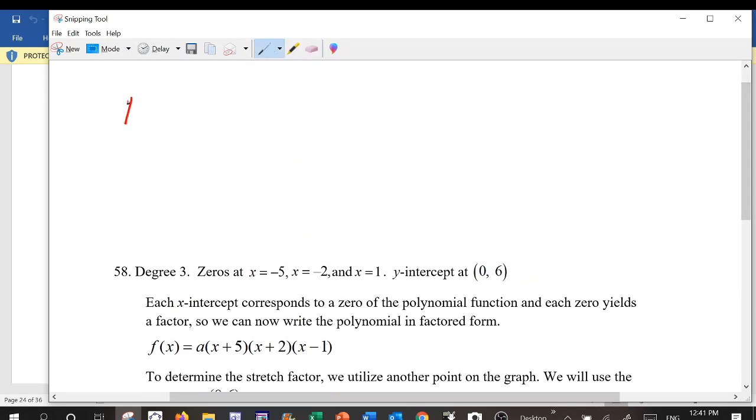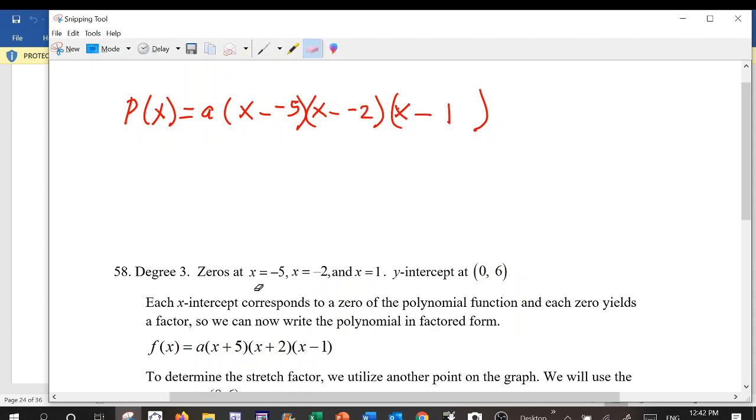So this is a third degree polynomial with 3 roots, and the roots are given: negative 5, negative 2, and 1. Remember, the minus is part of the formula, so you put x minus whatever the root is. Those are the 3 roots.